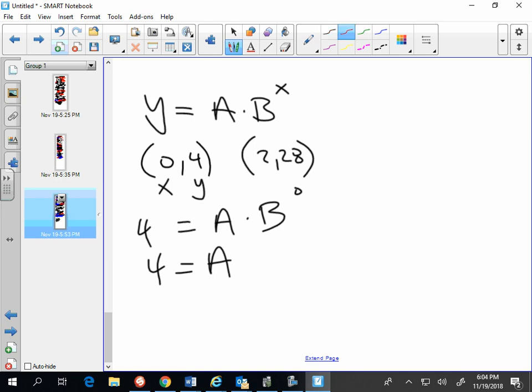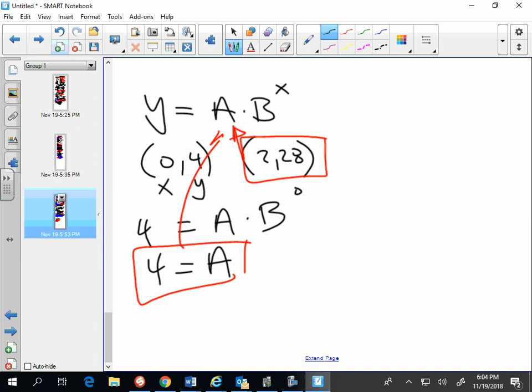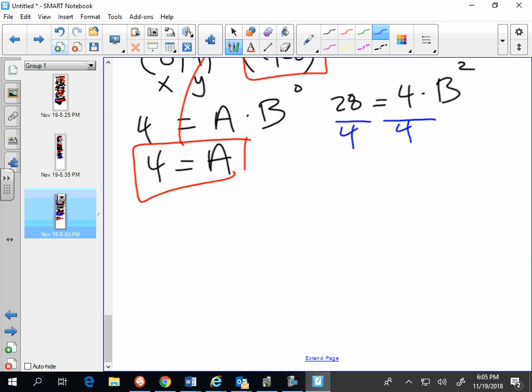Luckily, I have this second ordered pair. So I'm going to plug the second ordered pair and my a back into this original model to write 28 equals 4 times b to the second. Well, that means I need to divide both sides by 4. 7 equals b squared.